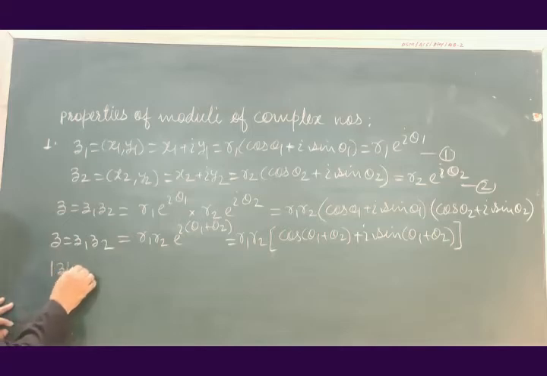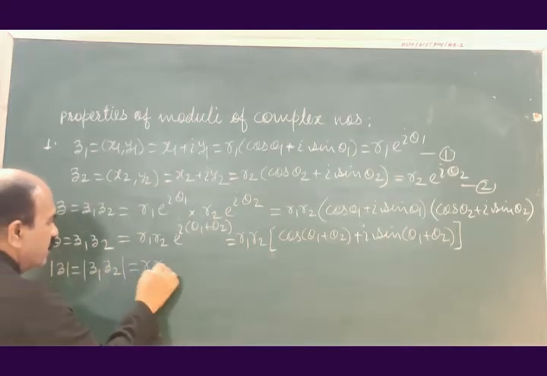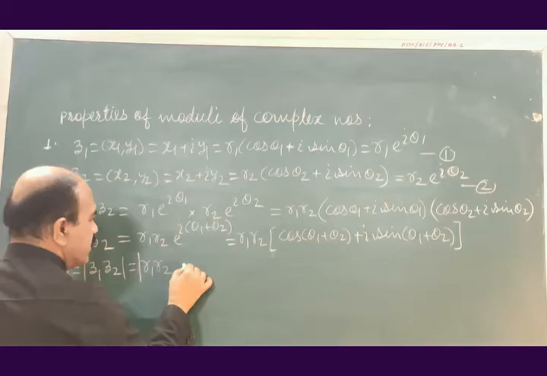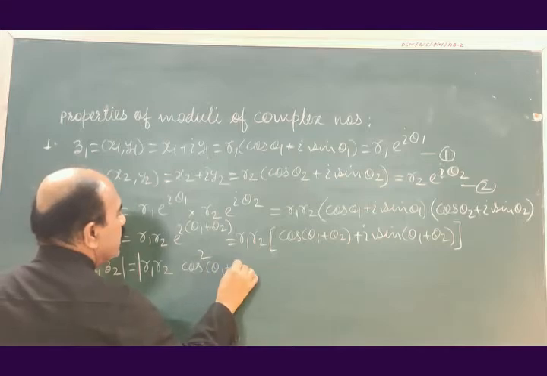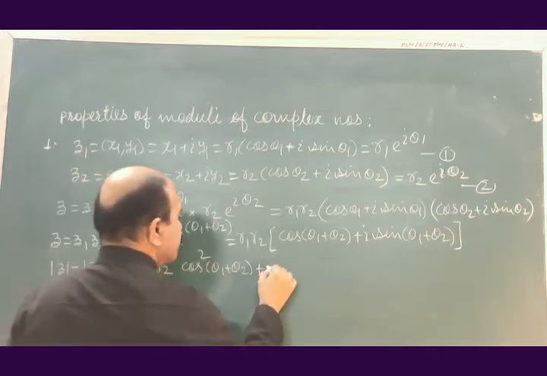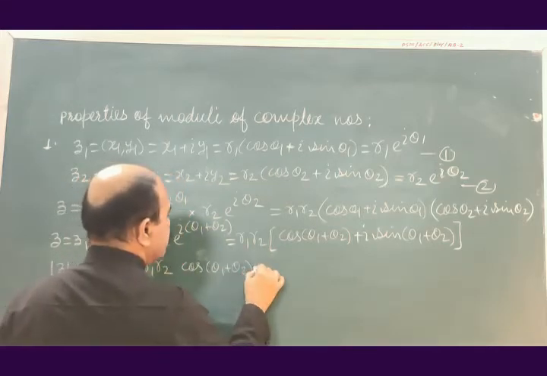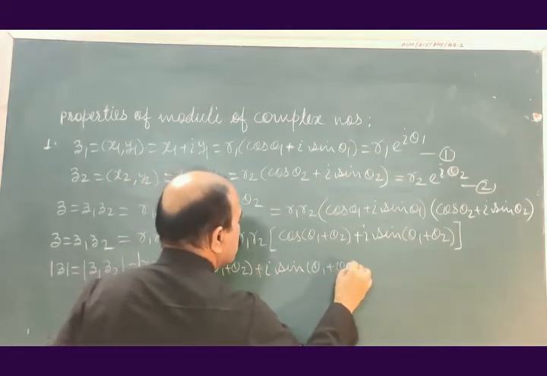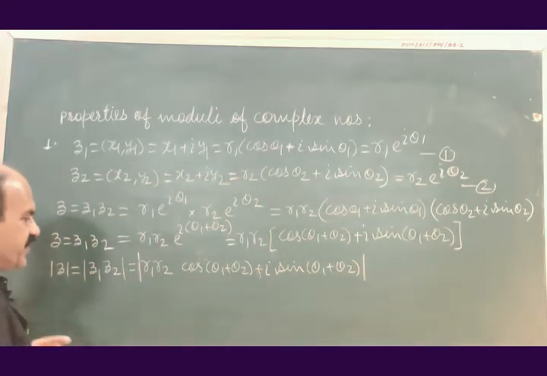Modulus of z is equal to modulus of z1 into z2, that is r1 into r2 times the modulus of this, that will be the square root of cos square (theta 1 plus theta 2) plus sin square (theta 1 plus theta 2). r1 r2 will come outside as it is.